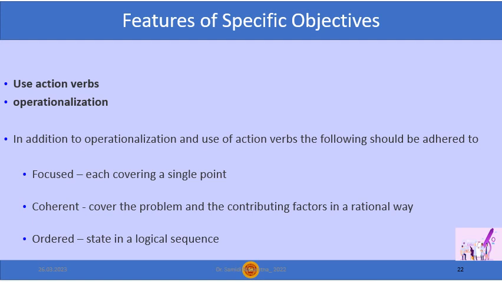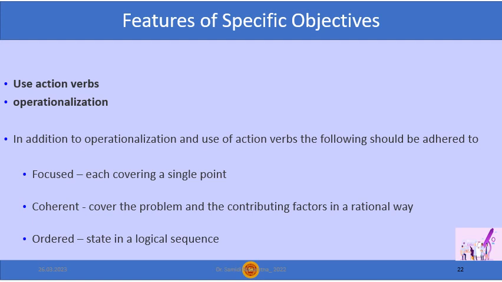So operationalization of specific objectives involves breaking down each objective into concrete, measurable and observable actions or indicators, right? And this process transforms abstract objectives into specific steps that can be implemented and measured. We will be discussing that more in subsequent slides.